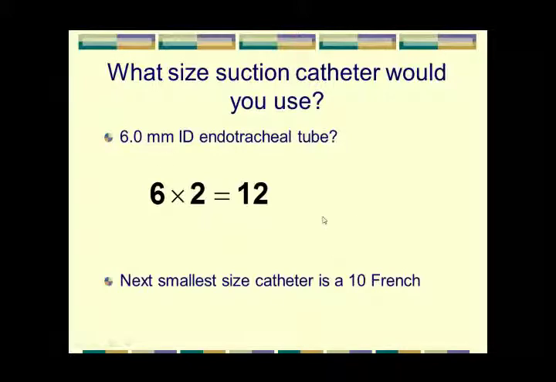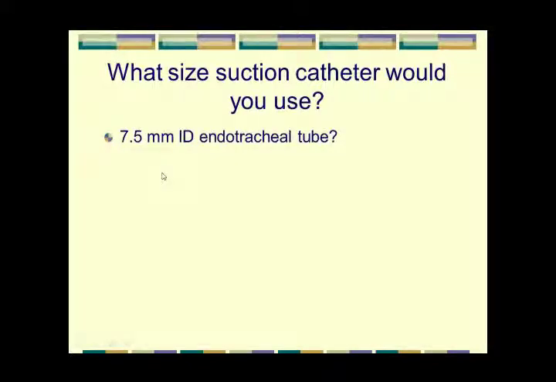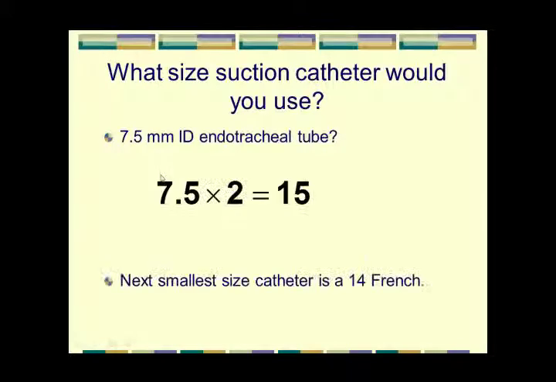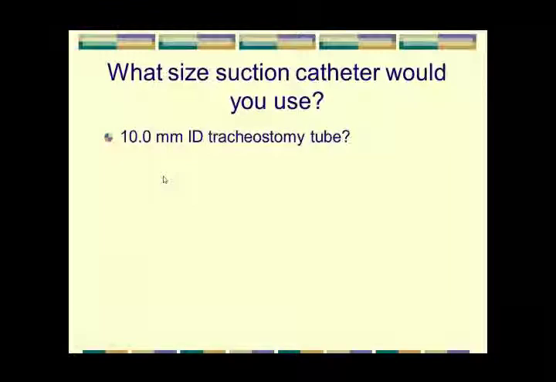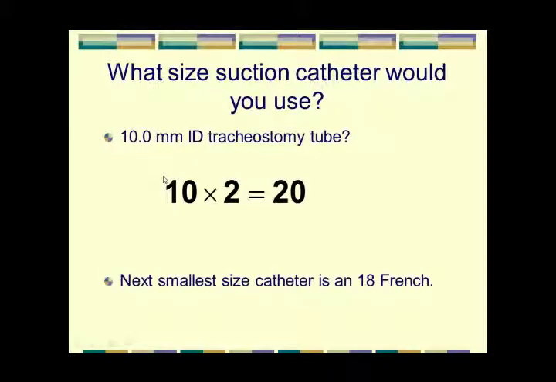So we're going to use a 10. 7.5 times 2 is 15. Next smallest size is 14. They're always in even-numbered French sizes. So you go down one. If I have a 10 millimeter tube inner diameter, 10 times 2 is 20. Size smaller would be an 18.